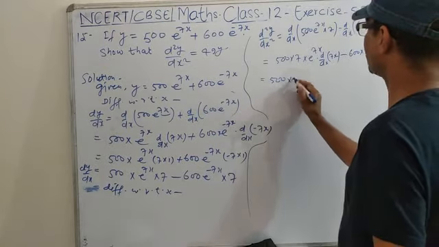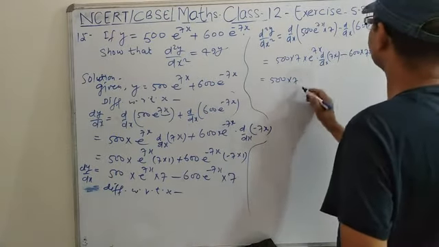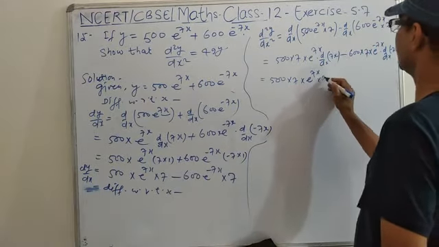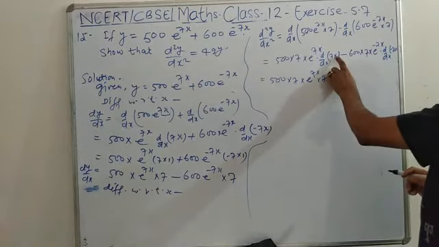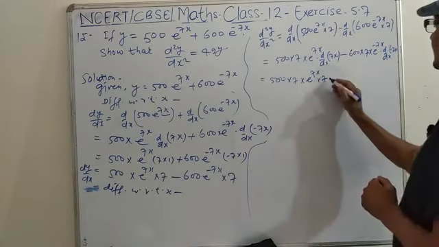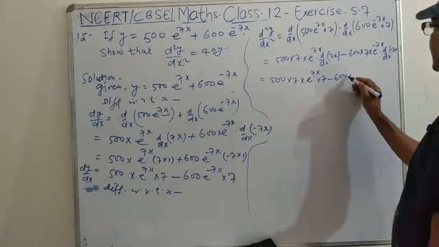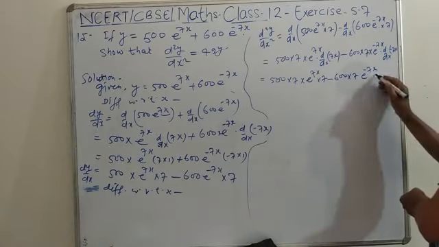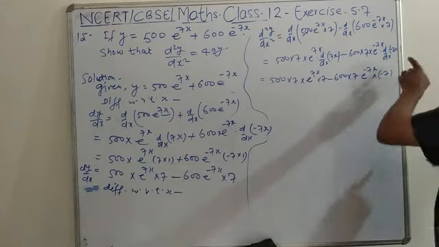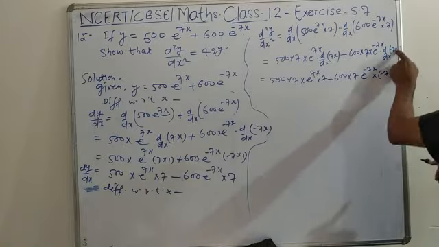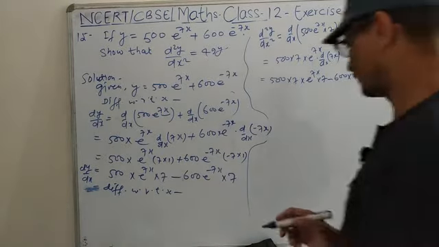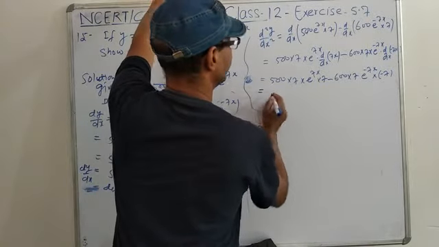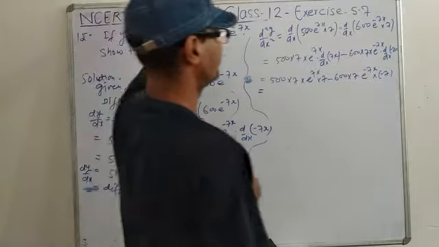It is 500 into 7 into e to the power 7x. d/dx of 7x is 7 because 7 is constant, derivative of x is 1. 7 on the 7, I am writing directly. Again 600 into 7 e to the power minus 7x, and derivative of minus 7x is minus 7 because minus 7 is constant, x derivative 1. 7 on the 7.